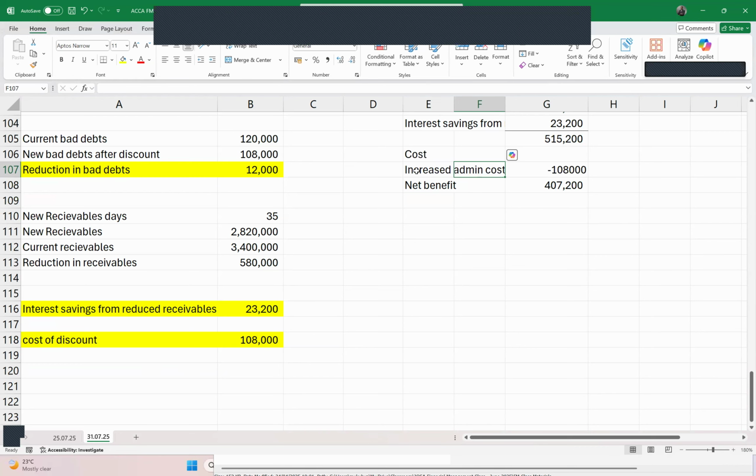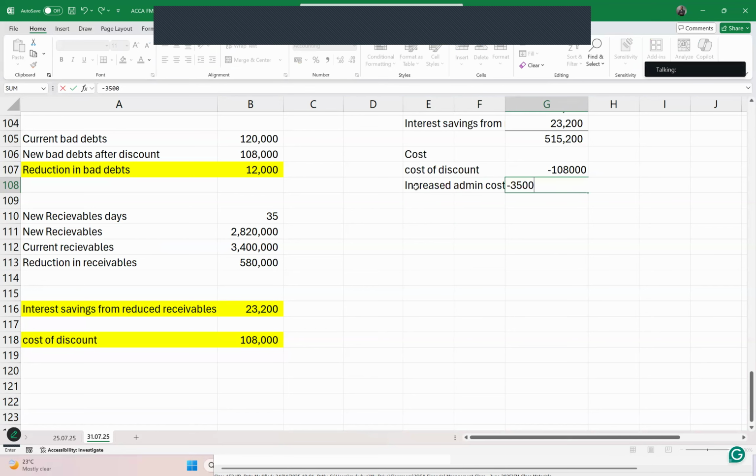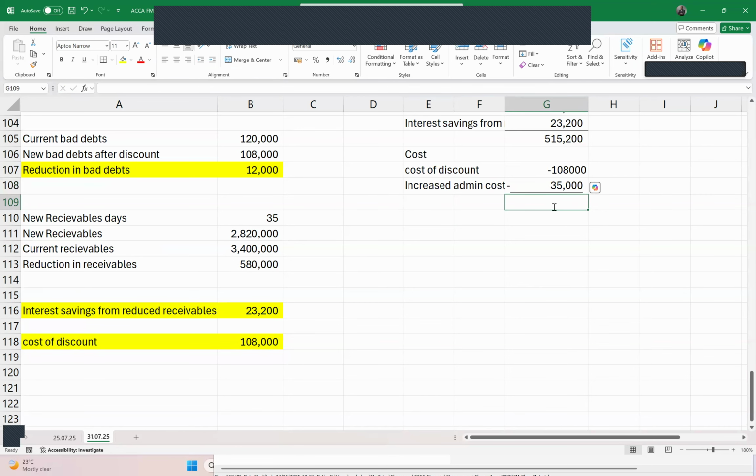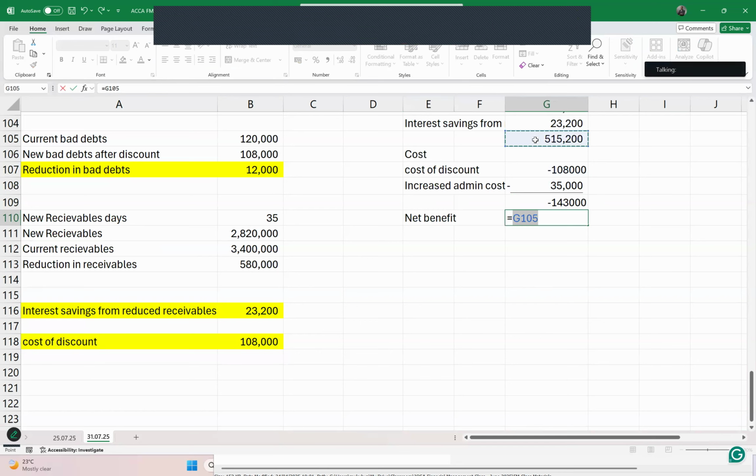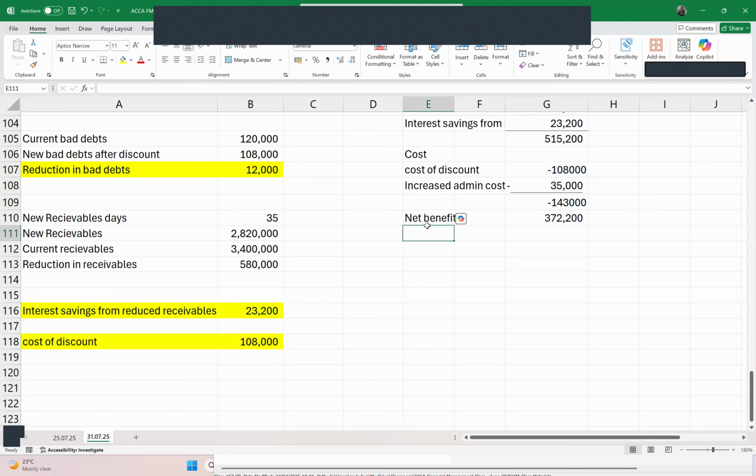Increased admin costs, 35,000. Then you can have the net benefit of 372,200.